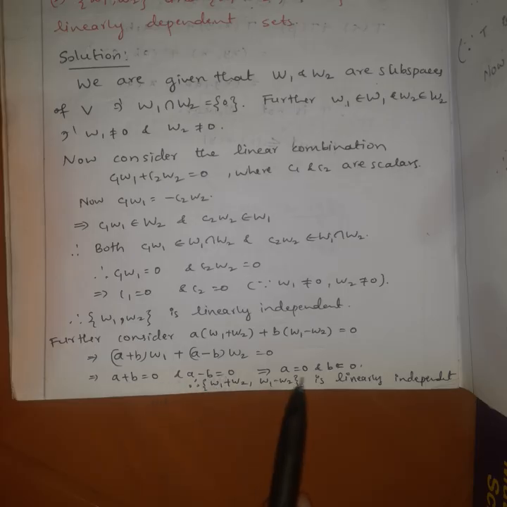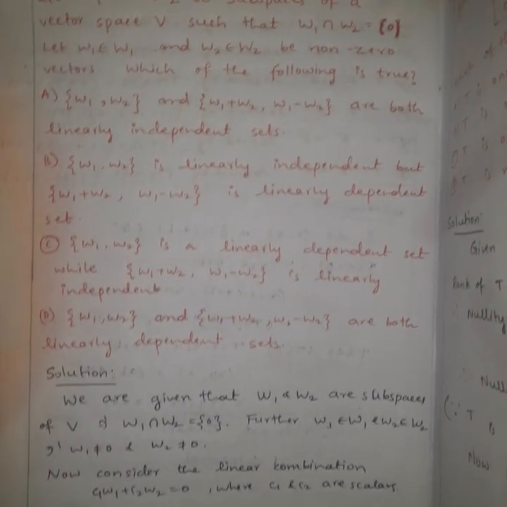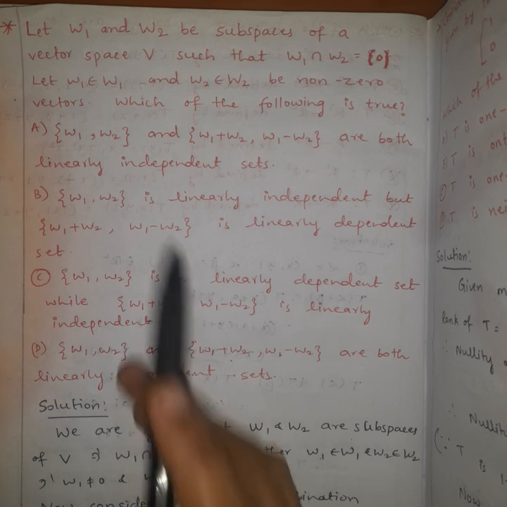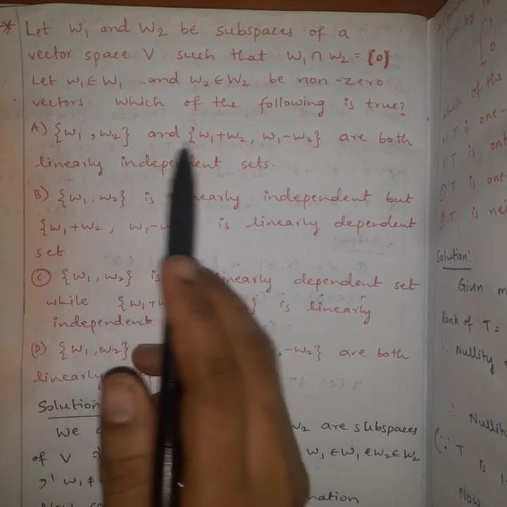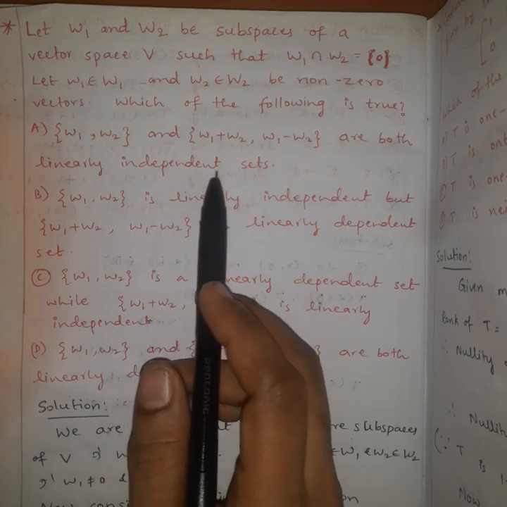So this gives a equal to 0 and b equal to 0. Therefore, w1 plus w2 and w1 minus w2 is linearly independent. Hence, option A is true. That is, the sets w1, w2 and w1 plus w2, w1 minus w2 both are linearly independent.